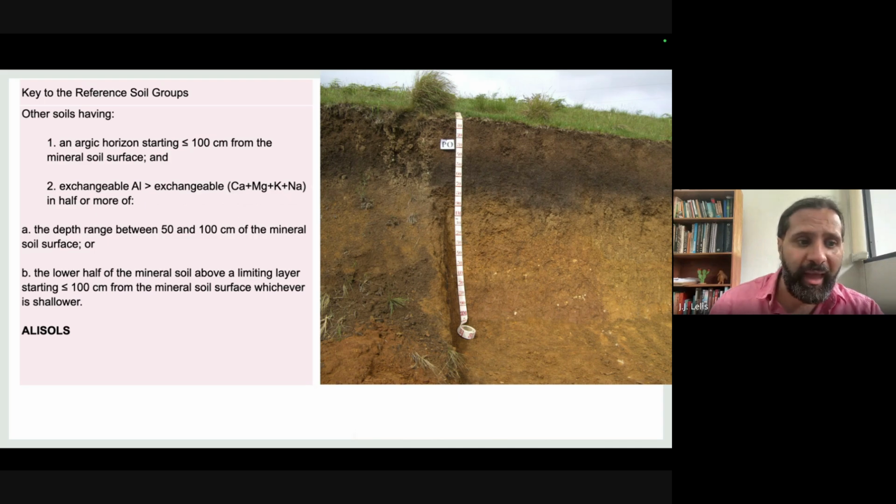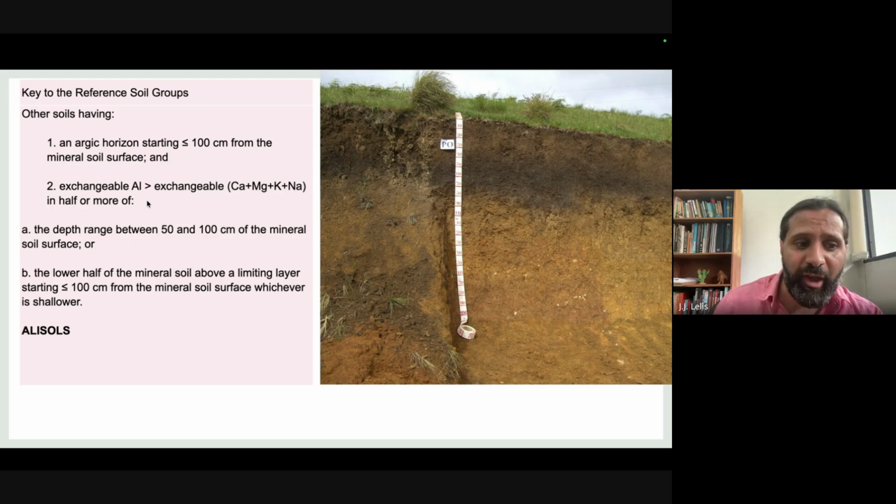Now let's see the alisols. The alisols also register an argic horizon in the first 1 meter below the soil surface, and they register a higher content of exchangeable aluminum than exchangeable bases in the same depths that we consider for acrisols. Okay, so you can see that here we are not talking about CEC per kilogram of clay.